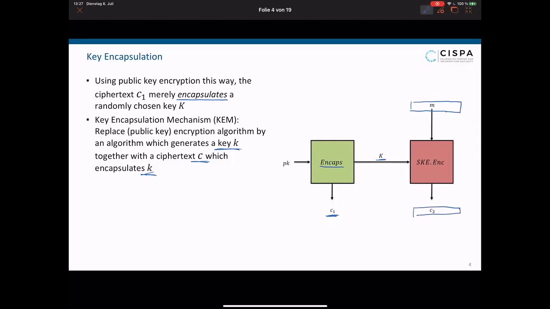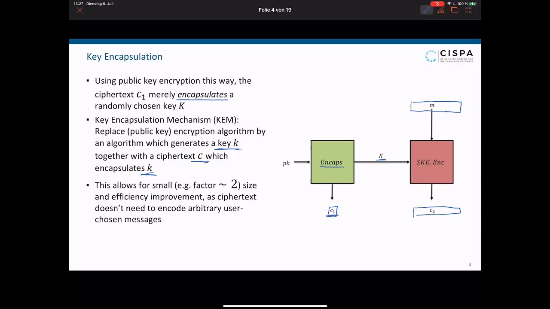All right. So really, this is just a small improvement versus choosing your key yourself and then encrypting it under public key encryption. But since this is so ubiquitously used in practice, we need to discuss it here. So typically, the idea of key encapsulation allows for a small, roughly factor 2 size and efficiency improvement, as the ciphertext header doesn't need to encode arbitrary user-chosen messages.